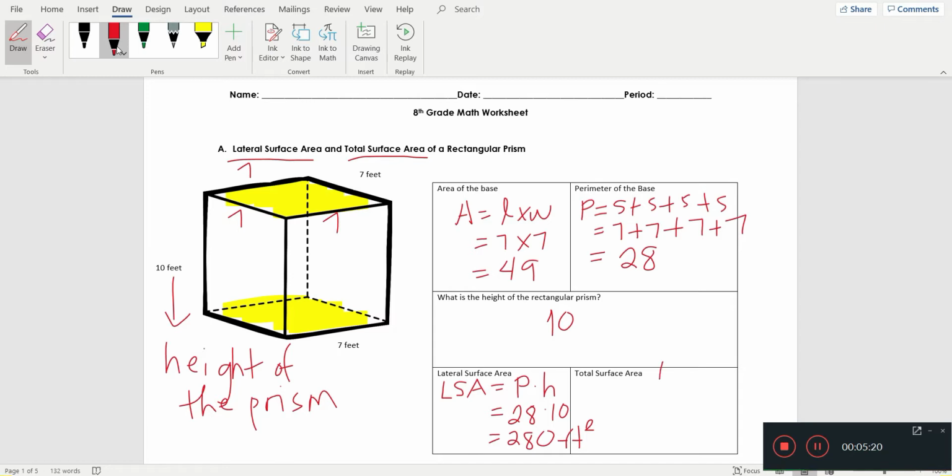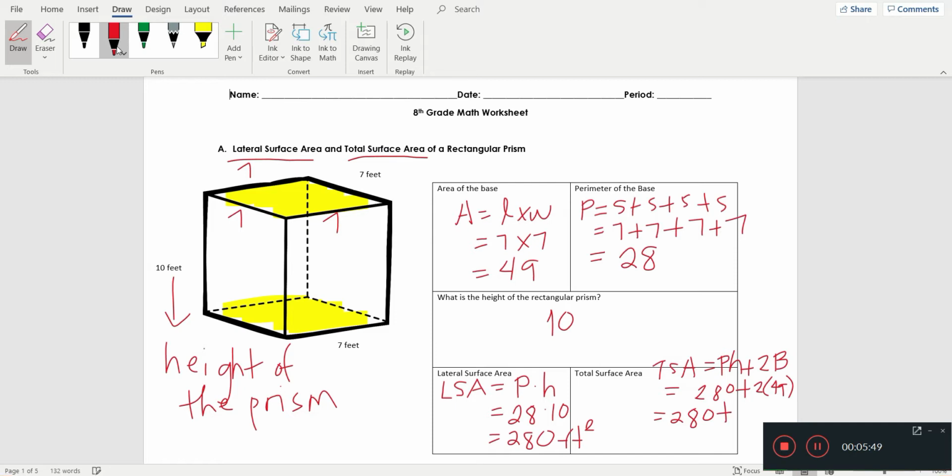Then total surface area. The total surface area formula is perimeter times height plus twice the base. I already know my perimeter times height, which is 280, right? Plus twice my base, so 2 times 49. So I have now 280.